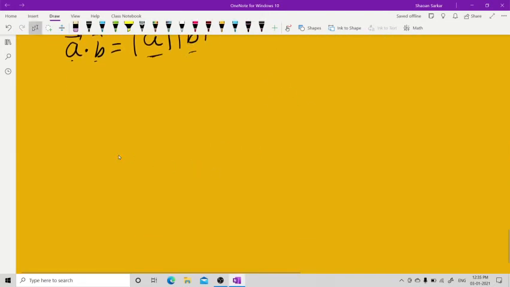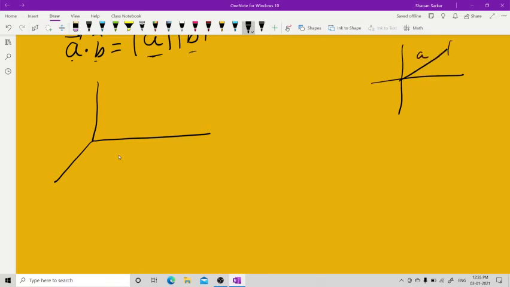Let us see that if this is my x coordinate, in class 10th, you always wrote a vector like this. You could write this as a1 and a2. A vector was written as a1 I cap and a2 j cap, and then you could have resolved it.